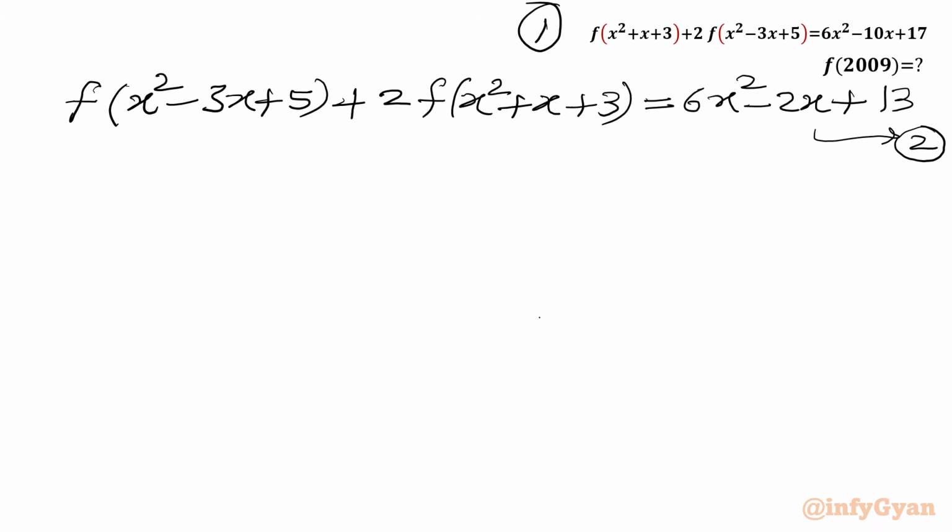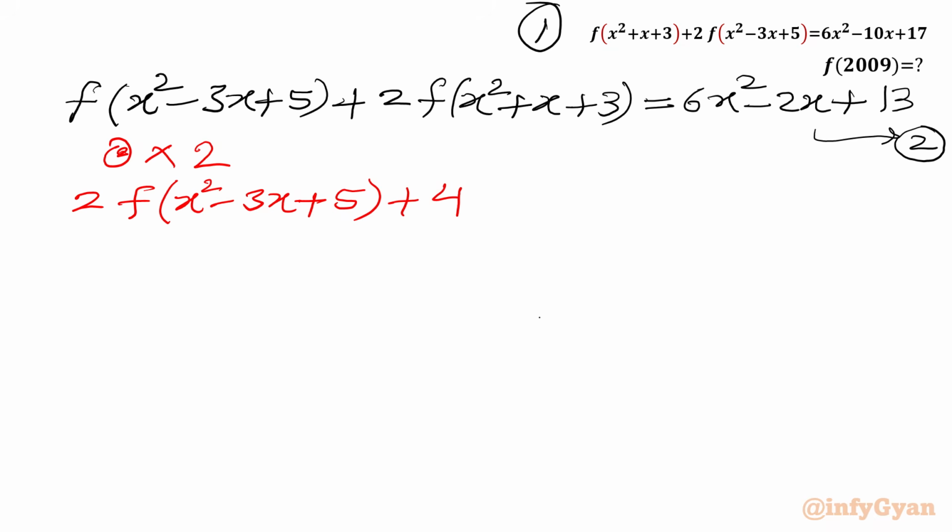I need to multiply this equation number 2 by 2. So let me write here equation 2 times 2. Let's multiply and write 2 times f of x square minus 3x plus 5 plus 2 times 2 is 4, f of x square plus x plus 3.